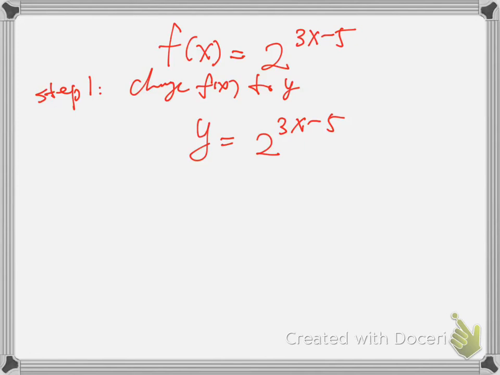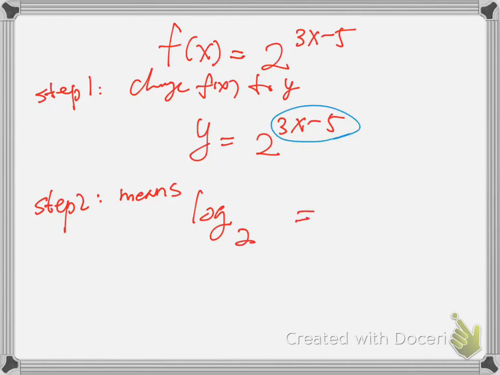And then we rewrite it to log form. So log base 2. This is the exponent, the whole thing 3x minus 5, which is on the right hand side. And then the power y is inside. So 2 to this power is y. You can check it after you write down the log notation.